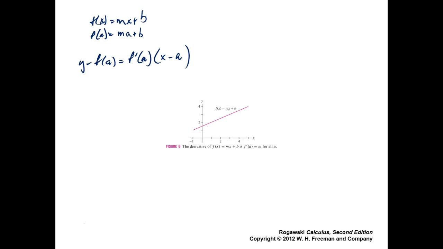Now, the other thing we have to figure out is what f prime of a is. And y'all give me that definition again.